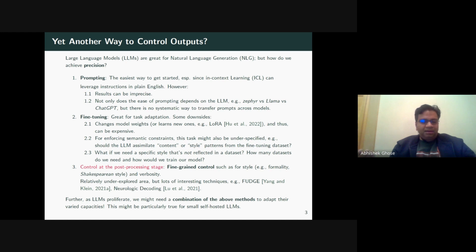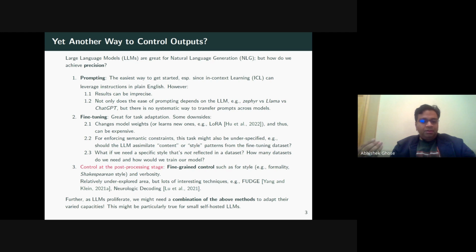So this is a relatively underexplored area, I think, right? Because most of the developments you see in this area come from either prompting or fine tuning. But as we'll see, we'll cover a couple of techniques here. This is actually quite useful, right?